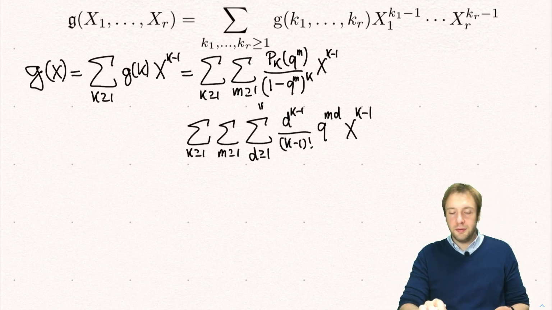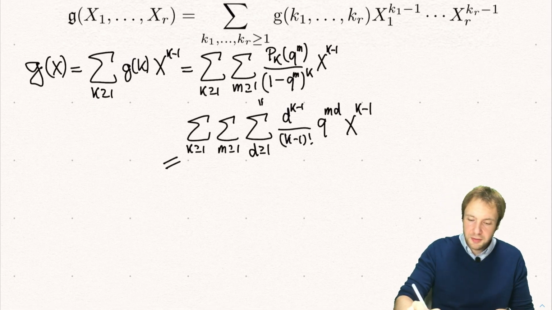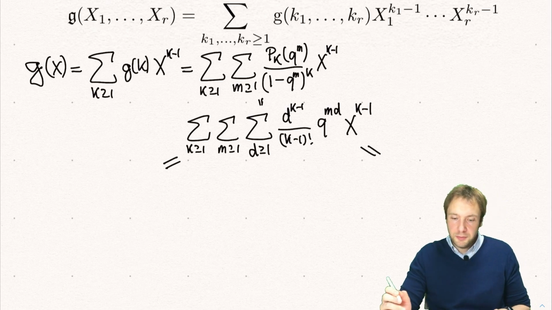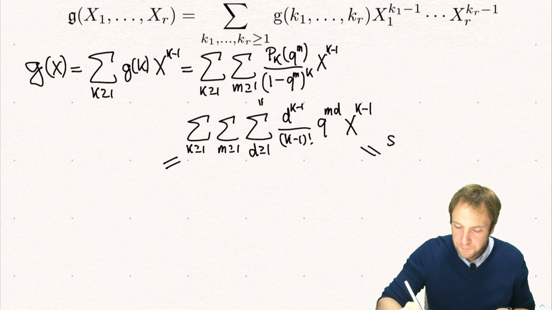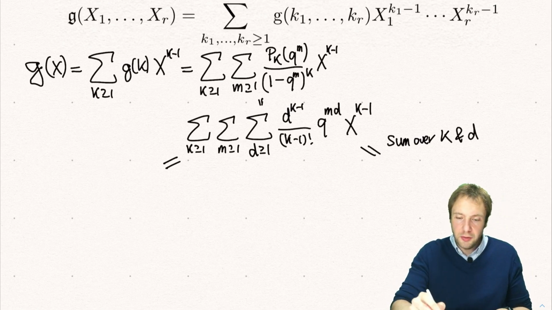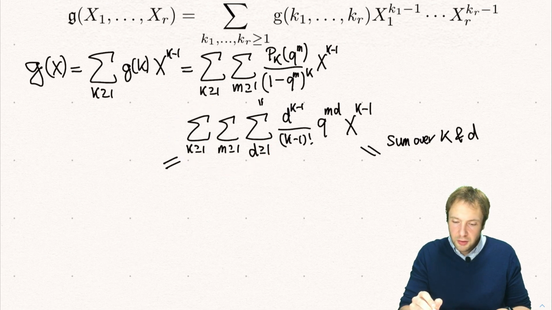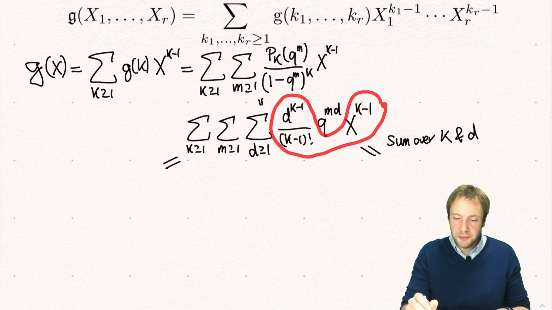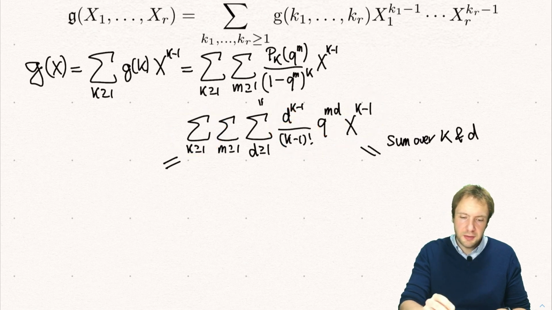And now there are two ways to evaluate this sum explicitly. The first one is I can sum over k first and then over d. If I sum here over k first, what depends on k? This is basically just the exponential function where I plug in d.